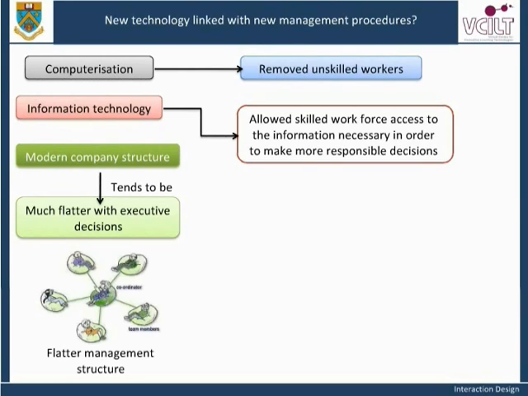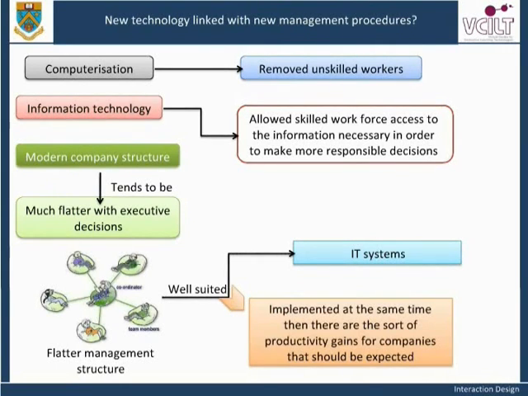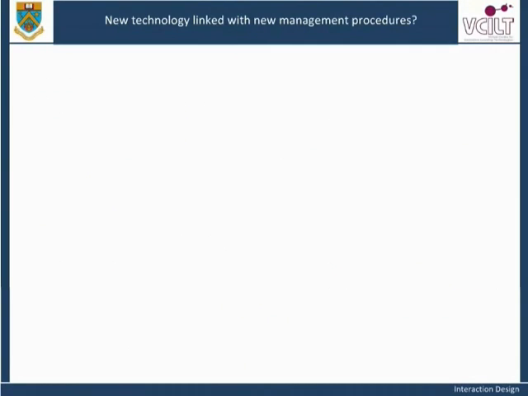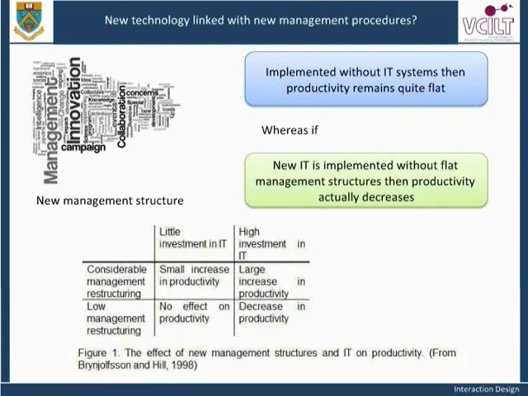This flatter management structure is well suited to IT systems, and there is evidence that if IT systems and flatter management structures are implemented at the same time, then there are the sort of productivity gains for companies that should be expected. If, however, new management structures are implemented without IT systems, then productivity remains quite flat, whereas, if new IT is implemented without flat management structures, then productivity actually decreases.